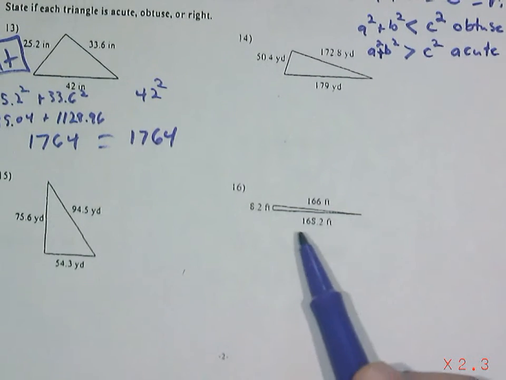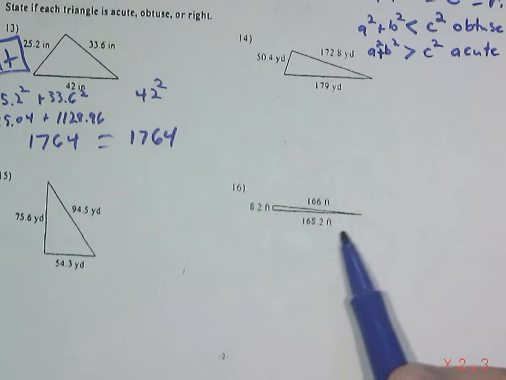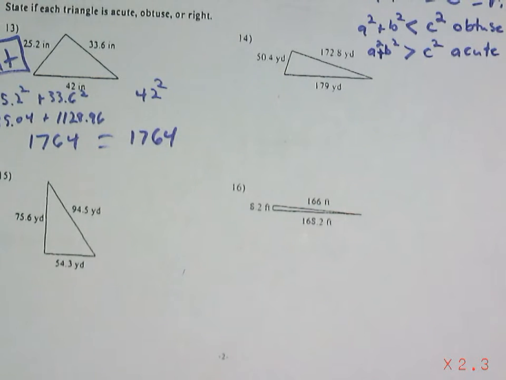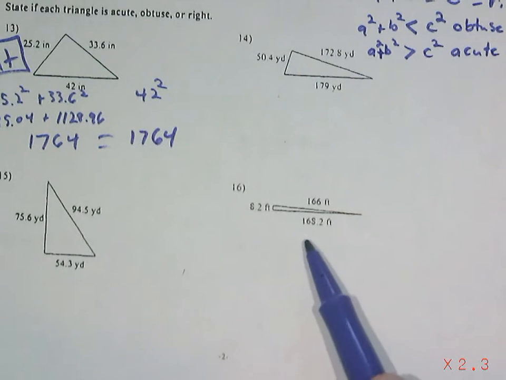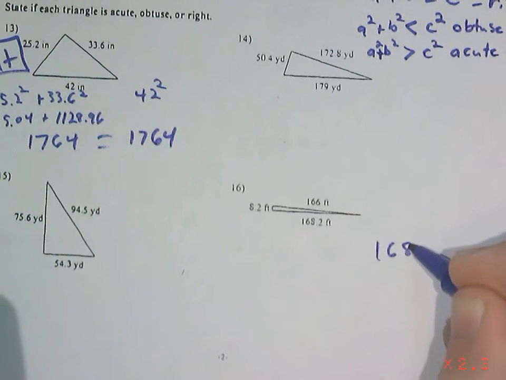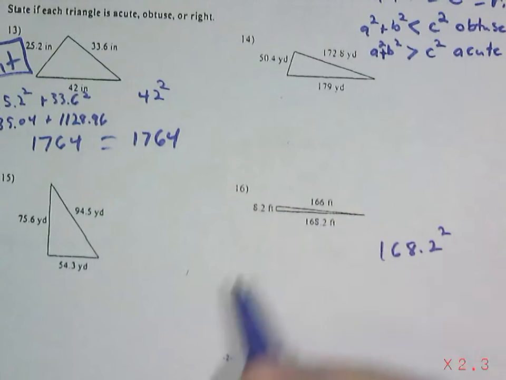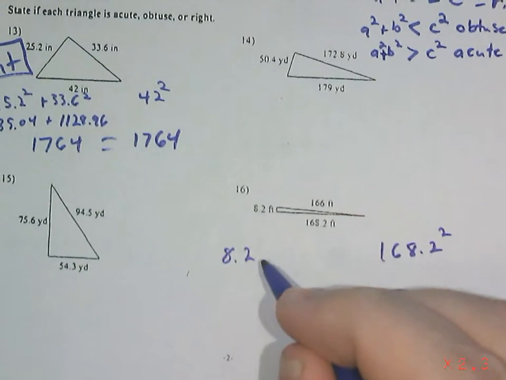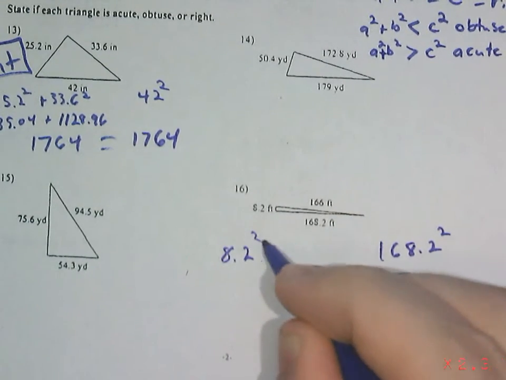The longest side is going to be this one right here, 168.2. Let's try 168.2 squared. That is the longest side. And I'm going to take the smaller sides, 8.2 and 166, and square them and add them together.